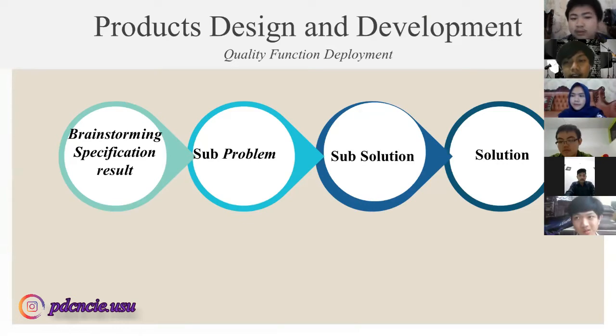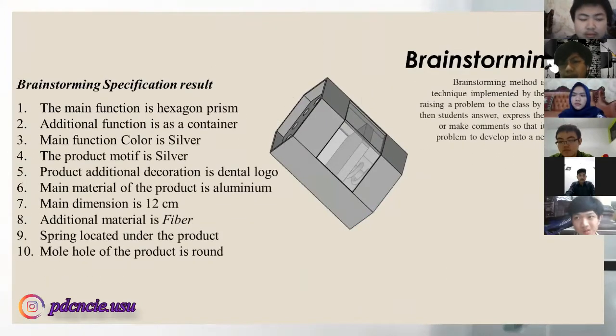The design and development of the sterilized cotton storage product with the nickel cross method is divided into 4 stages, starting from the problem or specification, brainstorming, result attribute, sub-problem, sub-solution, and solution.